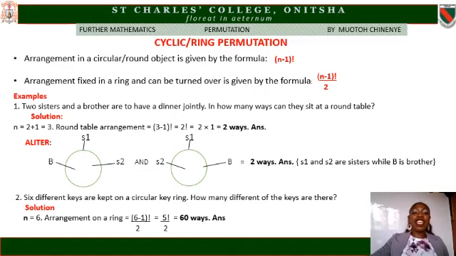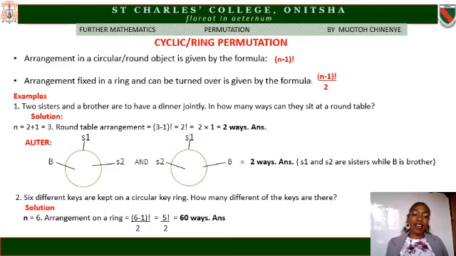Then when an object is on a ring, which can be turned over, just like this key I am holding, and because it can be turned over, our formula there is (n minus 1) factorial all over 2. We divide by 2 to avoid the repetition of arrangements.